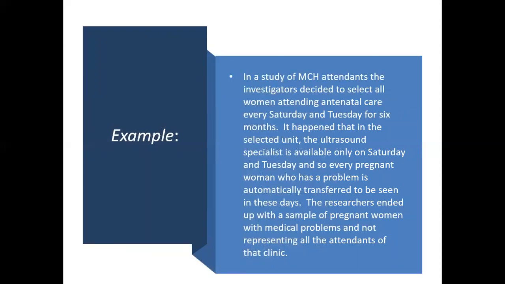It happened that in the selected unit, the ultrasound specialist is available only on Saturday and Tuesday. And so every pregnant woman who has a problem is automatically transferred to be seen on these days. The researchers ended up with samples of pregnant women with medical problems and not representing all the attendants of that clinic.